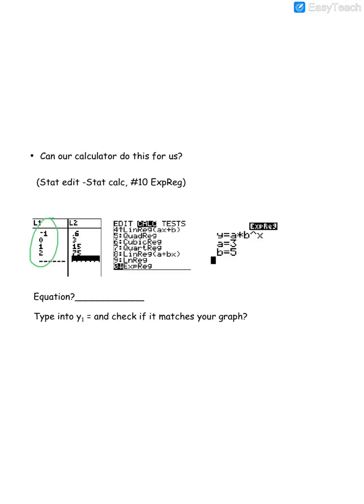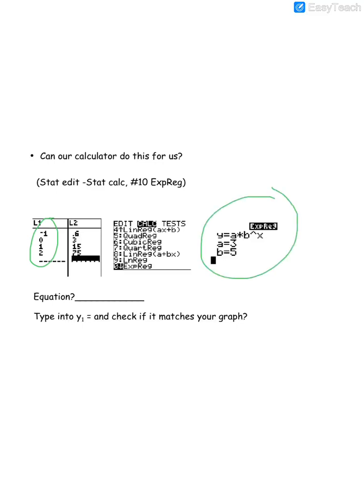If I look, yes. So it actually has a 0 there. So I scroll down past 9, it says ExpReg, and I'm going to hit enter. And then I'm going to hit enter a whole bunch of times because I have L1, L2, calculate, yes. And now it has this screen on there, which is giving me my exponential function.